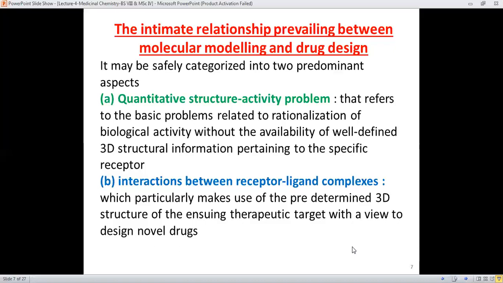It means that these 3D structures are predetermined, and this 3D structure information is present in the software or on the computer, which results in the formulation of the drug in such a way that it must bind to the therapeutic target, with a view that the designing of all these drugs is novel.